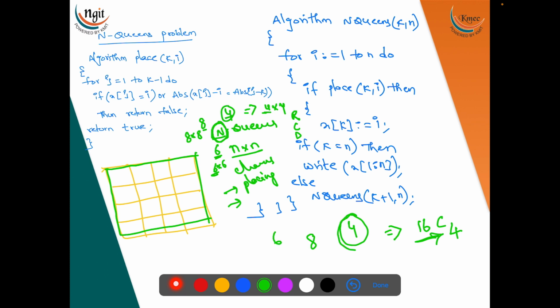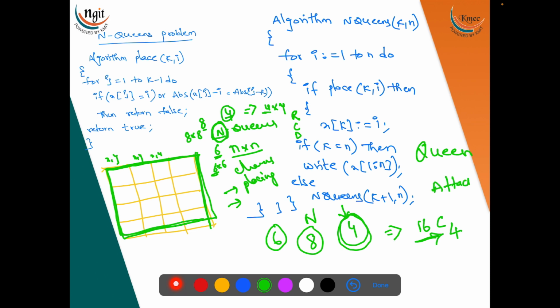If I talk about the 4 queen problem, you can understand easily. Whatever steps I take to solve the 4 queen problem, the same steps you can take for 6 queen, 8 queen, n queen. I have to place the queens in this board in such a way that there is no attack. Keeping this principle in mind, we will work.